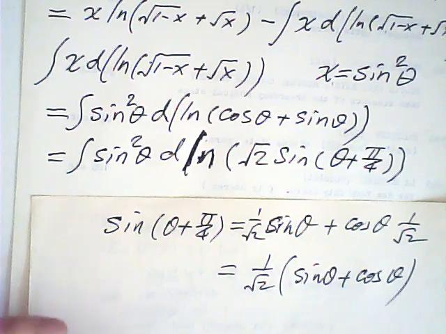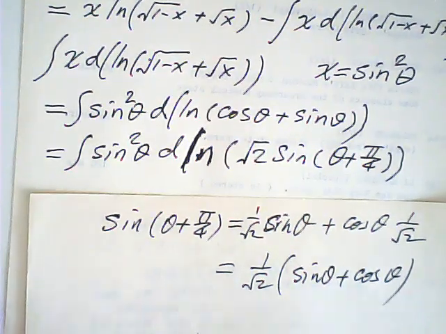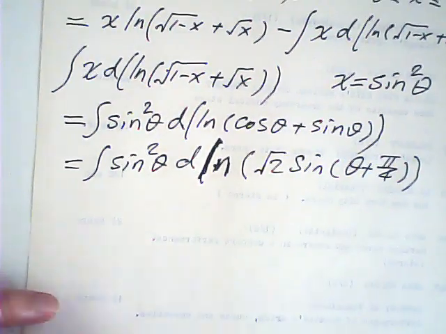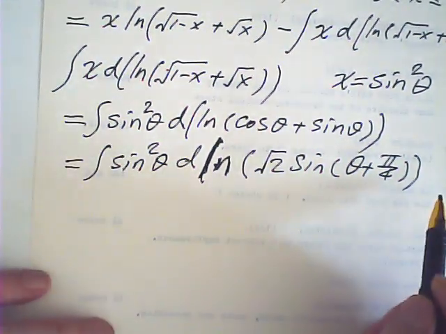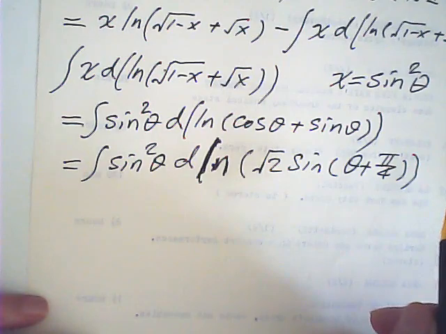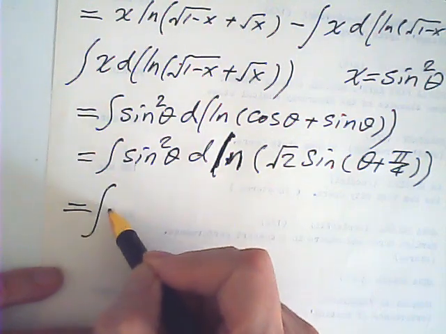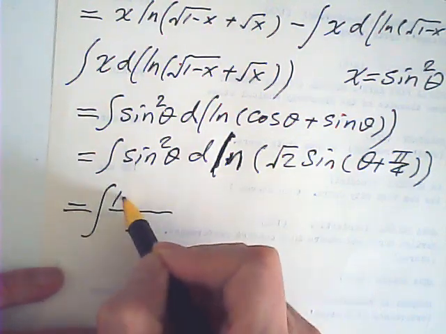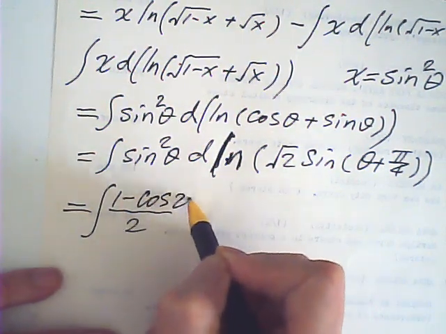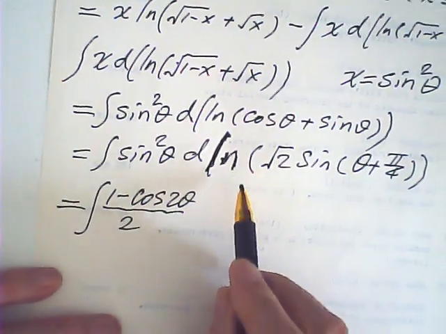Wow, very easy to make a mistake here. Okay. Now, sine squared theta is equal to half of 1 minus cosine 2 theta, right?